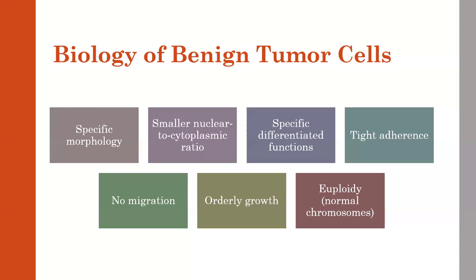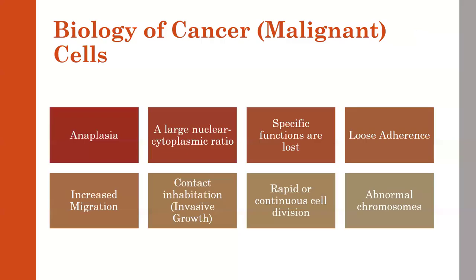They're still differentiated, they don't migrate, they grow orderly, and they have a normal amount of chromosomes.